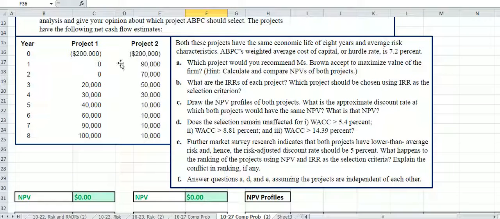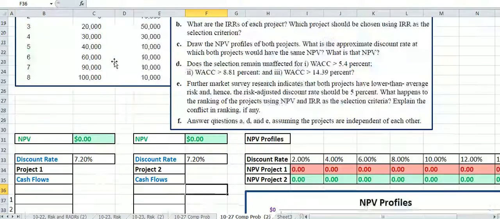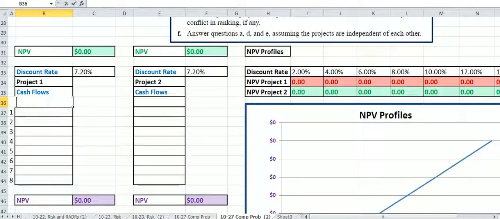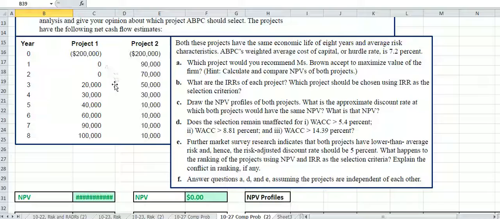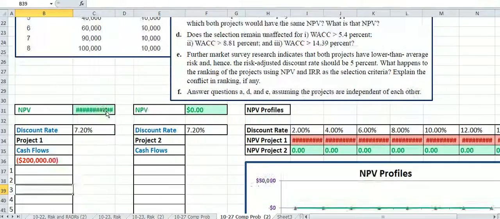Both have an initial cash outlay or investment of 200,000, so that goes in as a negative right here. So negative 200,000, and then we have 0, 0, and then 20, 30, 40, 60, 90, and 100.